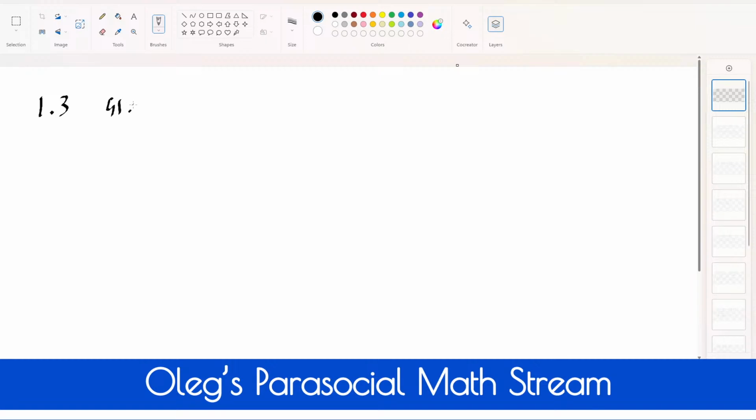Let's try 41. We have 3 root ab squared minus b root a. Okay, so that's 3b root a minus b root a, and then this is going to be here, root a, which is equal to, can we subtract that?